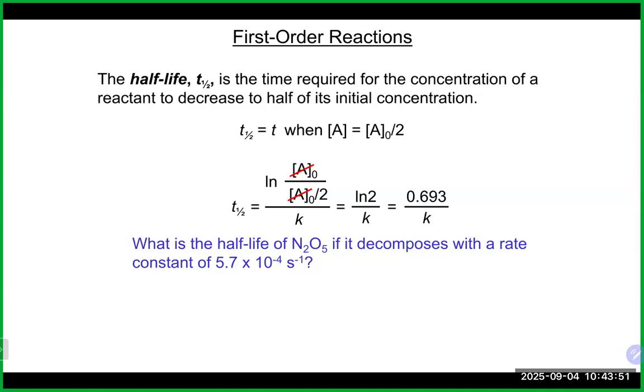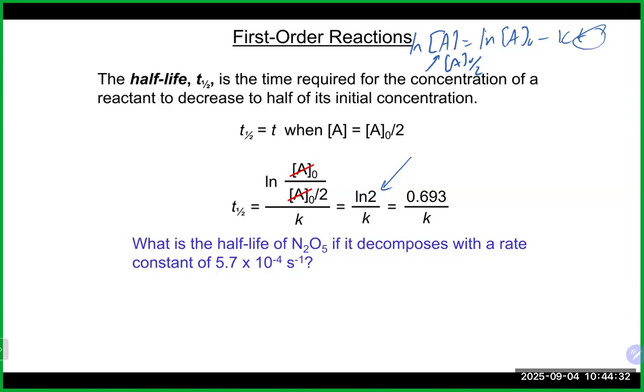And specifically for a first order reaction, that is the half-life equation, natural log of 2 divided by K. If you needed to, you could derive it yourself by doing the initial divided by 2 for the final concentration, solving for T. So, if you're bored one day and you want to do that, you could take the first order formula, and for the half-life, the final would be our initial divided by 2, and then solve for T, and it'll eventually get you down to this guy over here. Or you could just remember it and not have to worry about doing that.